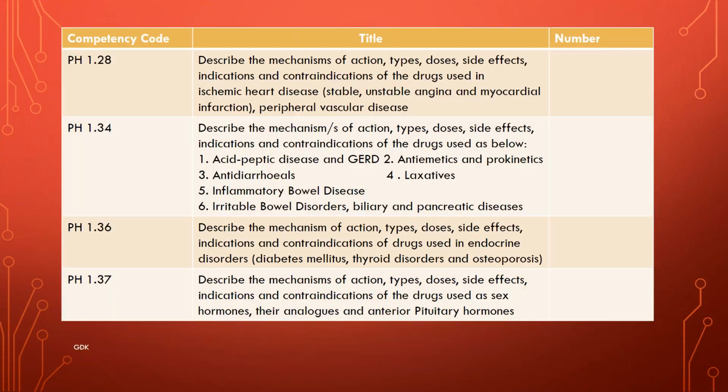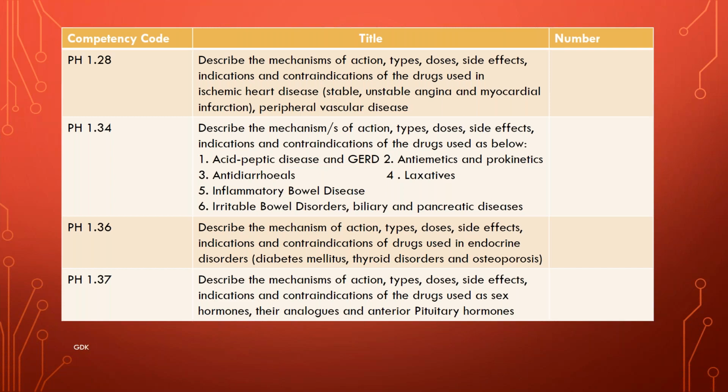PH 1.28: all vascular conditions affecting the heart and peripheral blood vessels with a common theme are grouped here. So we have to divide into anti-ischemic drugs, or drugs for angina and myocardial infarction, and drugs for peripheral vascular disease. They may not be the same drugs used in both these conditions. Obviously, objectives are different, so SLOs have to be different.